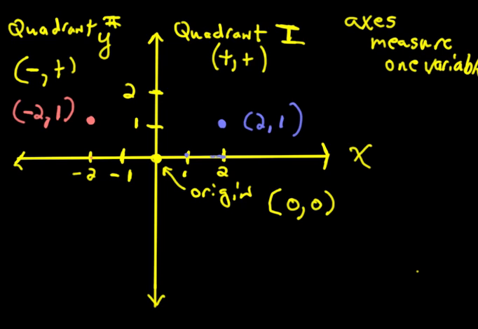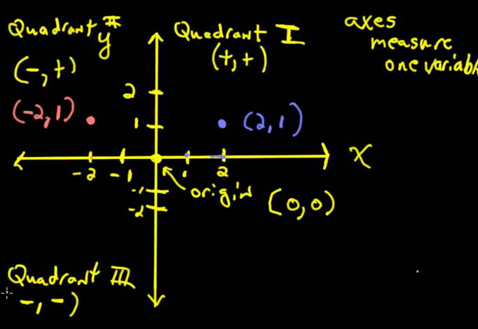Again, continuing our naming convention, we come down here, and this is quadrant 3. Again, in Roman numerals. Now here, all the x values are negative, and all the y values are negative. So quadrant 3 is negative, negative. And we'll do the same naming down here. We'll do -2, -1.